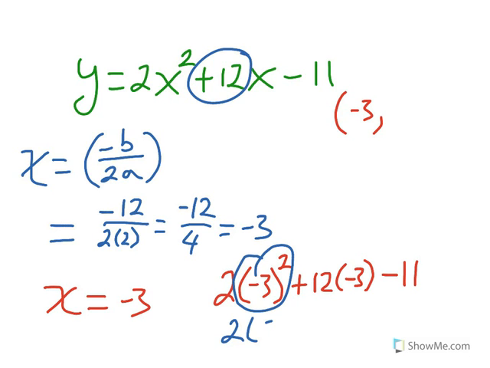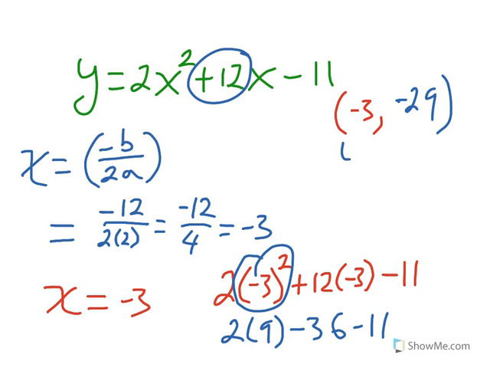So 2 times 9, minus 36, minus 11. 18 minus 36 is negative 18, so negative, I don't know if I did the math correctly, 29. I think that's it. So that should be your answer.